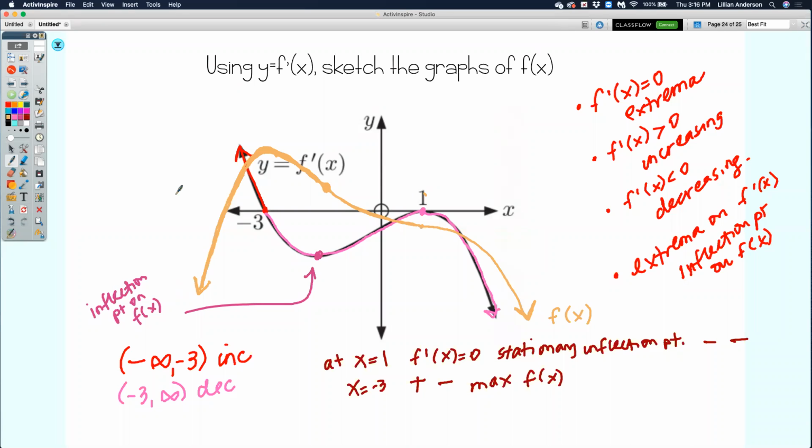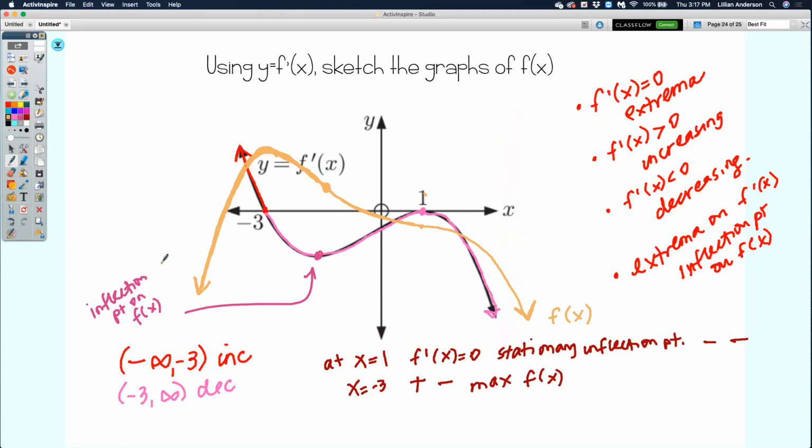So it doesn't matter whether you're above or below the x-axis when you're graphing the original function, because unless they give you specific points on your original function, there's no way to know exactly where this function is going to intersect the x-axis, for example, or intersect the y-axis, okay?